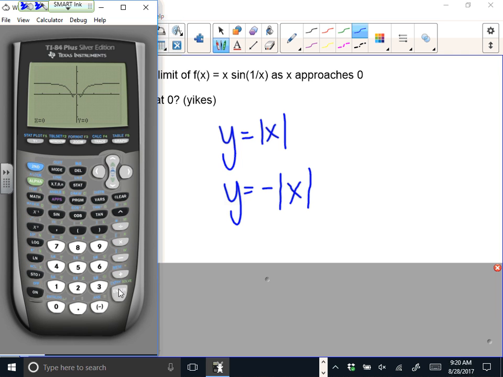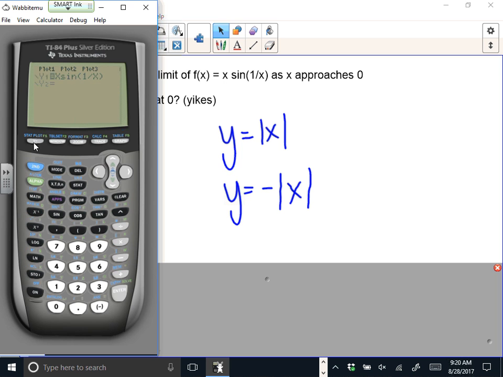Okay, so let's go ahead and graph those two together. This is much cooler when you have that calculator with the colors, so you can see the difference.